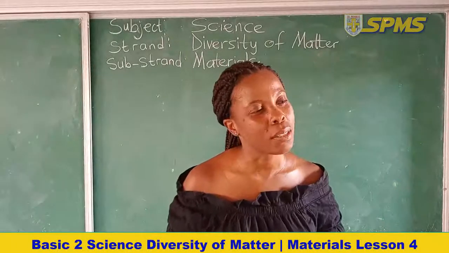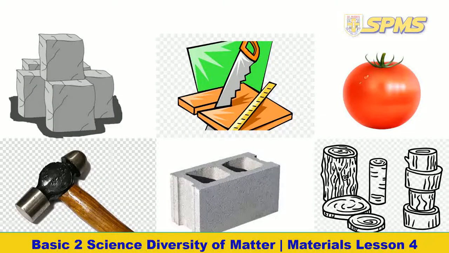Why are we saying they are materials? Look on your screen. I have pictures of materials you can find around: ice cubes, wood, a saw, tomato, which is a food or a fruit, hammer, bricks, logs. They are materials. So what is a material?